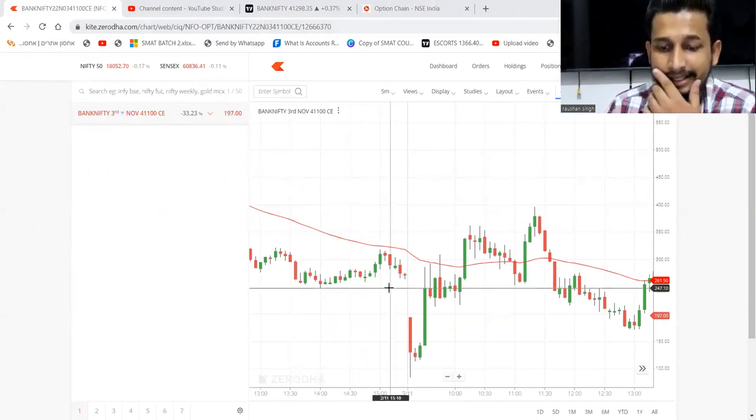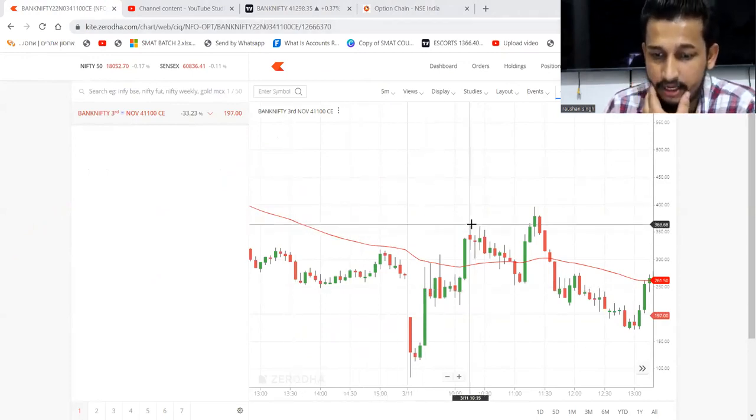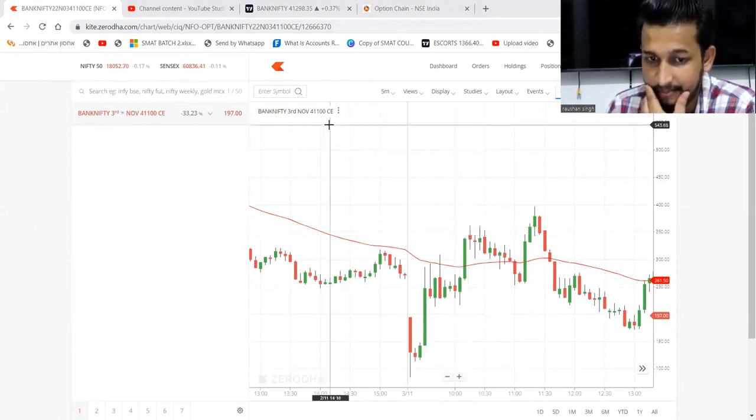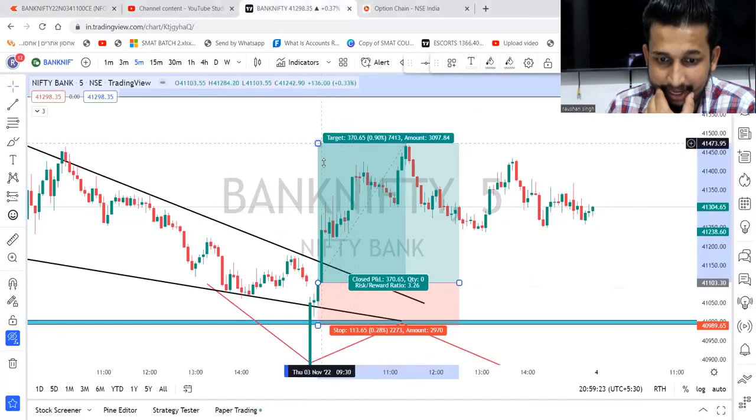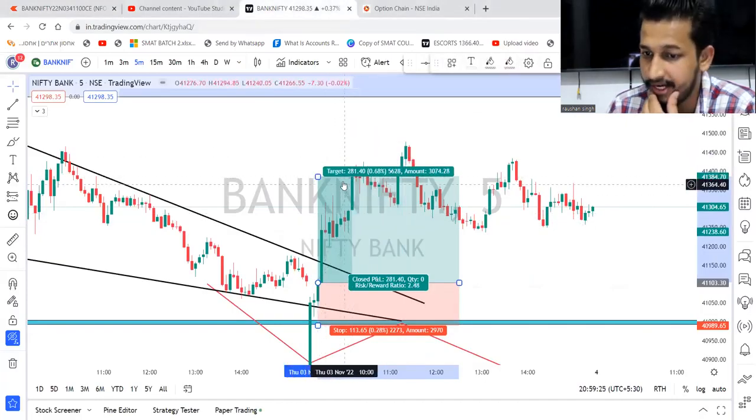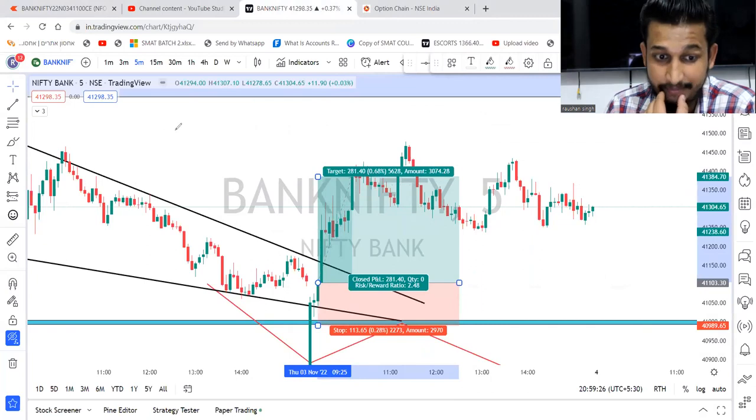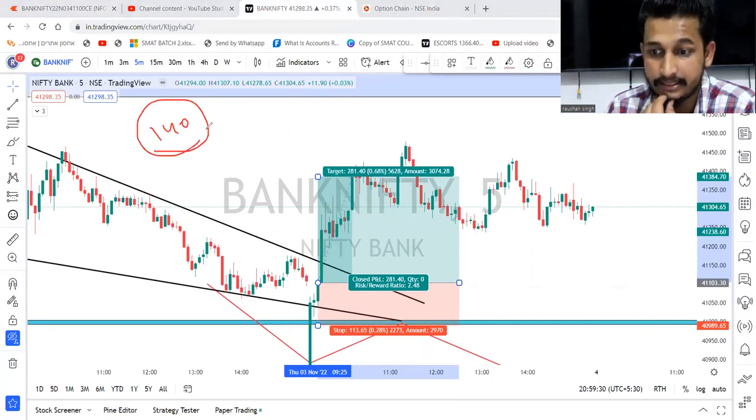Now you might be thinking, here I have entered at 240 and achieved only somewhere around 100 points. In Bank Nifty, here the point was 280, which means I should be getting around 140 rupees, right? So that's the trick. That's the thing we need to understand over here.